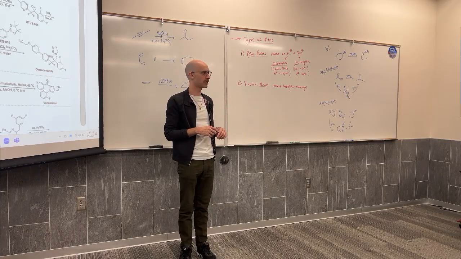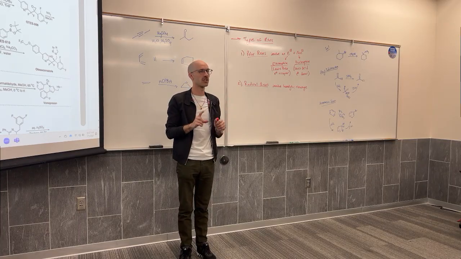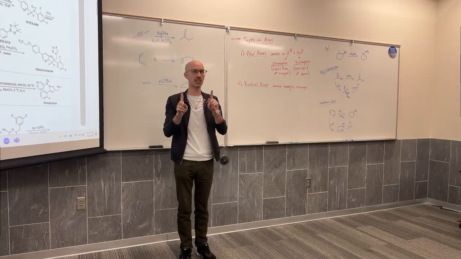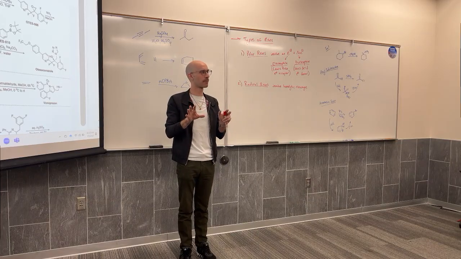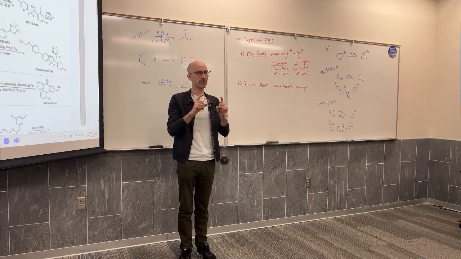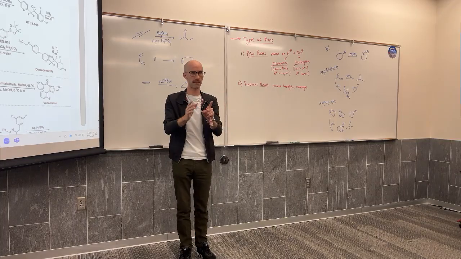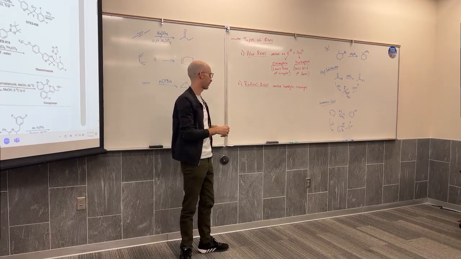In a radical reaction, you can still make some predictions about bond breaking and bond forming based on partial charges, but electrons do not move as pairs. They move as individual radicals.